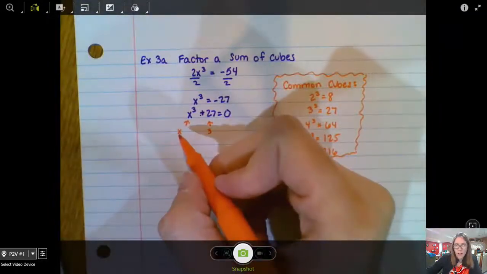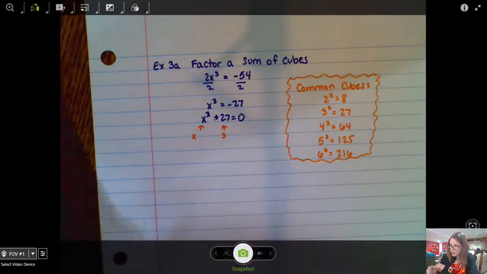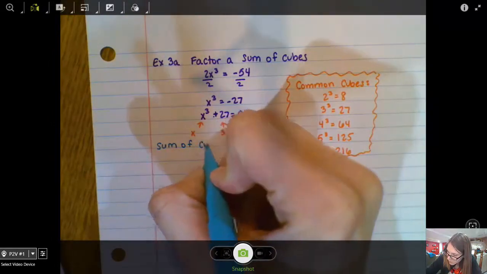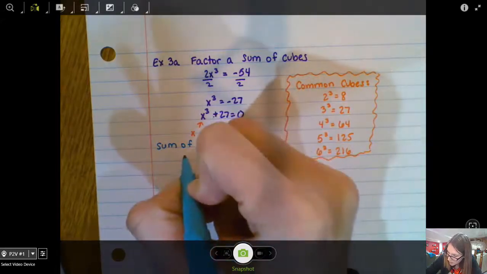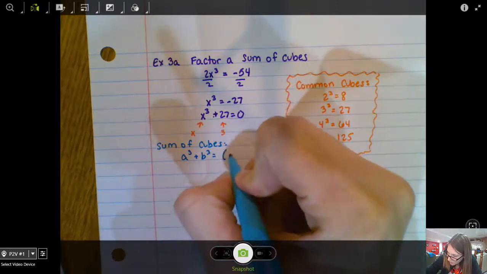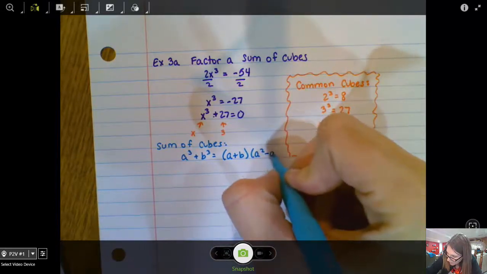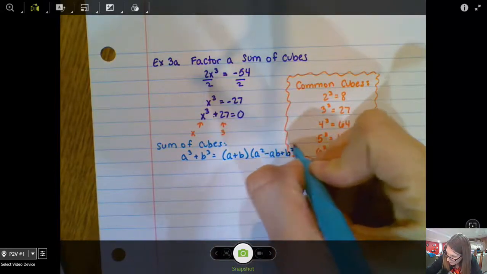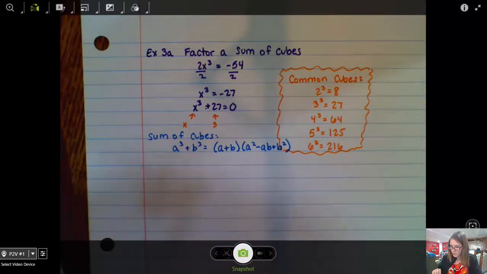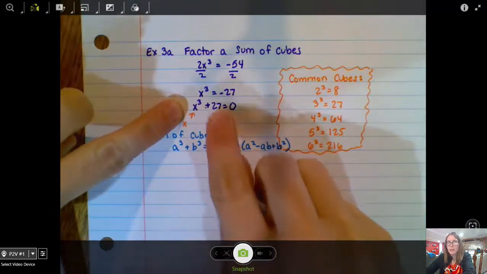Okay, but now that we figured out I have a sum of cubes here, I'm going to rewrite that sum of cubes formula, which was a cubed plus b cubed equals a plus b times a squared minus ab plus b squared. We figured out here what cubed gives us x cubed, what cubed gives us 27.